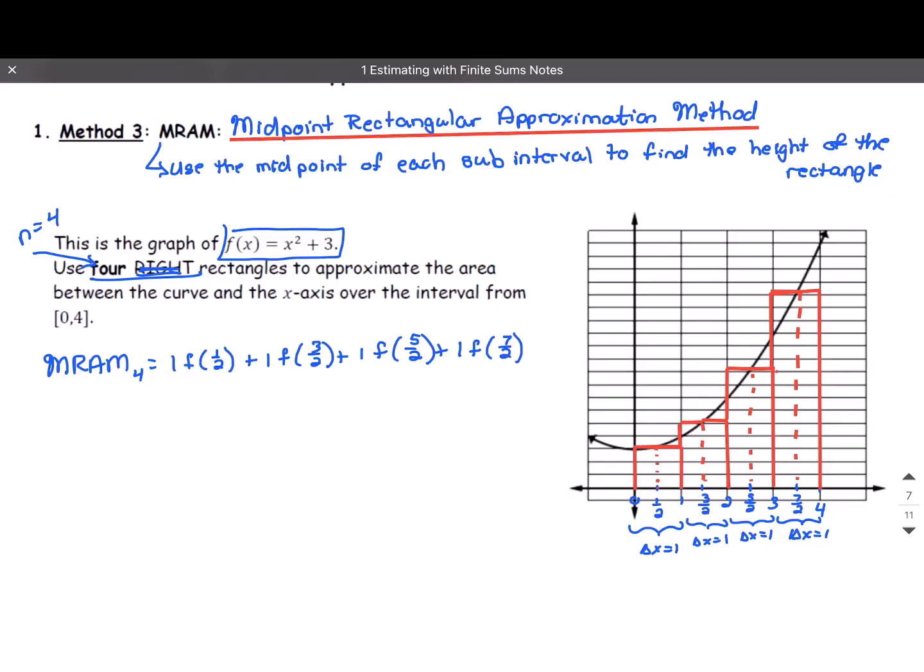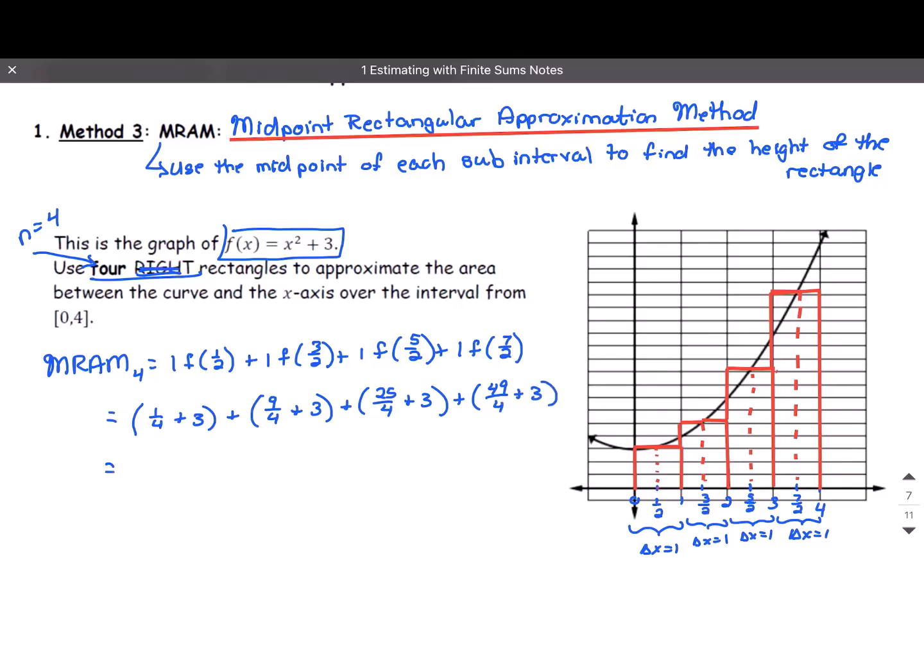So now we're going to have 1/2 squared is 1/4 plus 3, plus 3/2 squared is 9/4 plus 3, plus f of 5/2 is 25/4 plus 3, plus f of 7/2 is 49/4 plus 3.